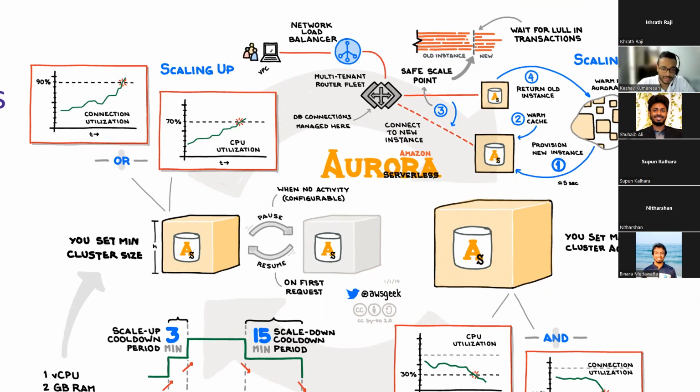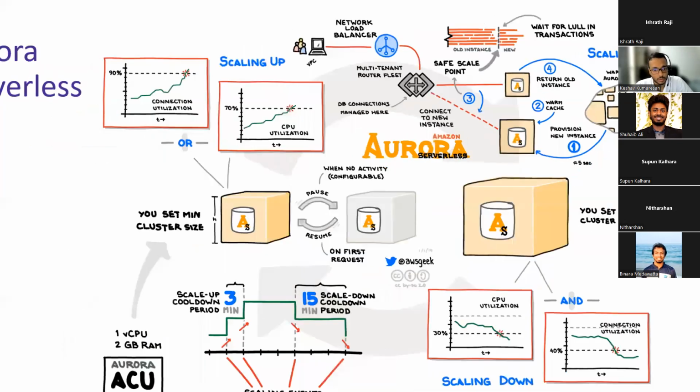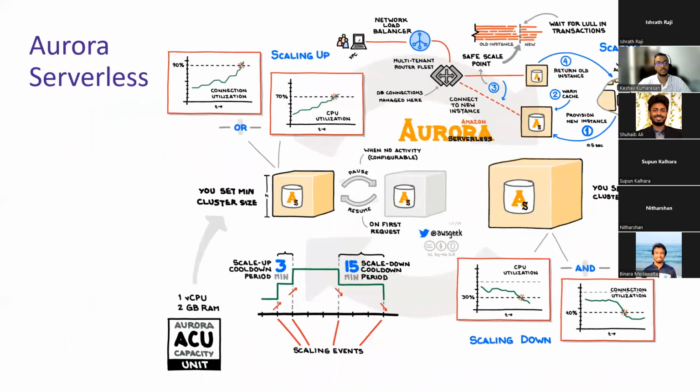Also, you can have a cluster of databases running as well. It will automatically maintain the load balance between the cluster, and it will keep the clusters replicated and consistent as well. So Aurora serverless is a pretty good option when you want to go for a serverless offering of a relational database in Amazon.